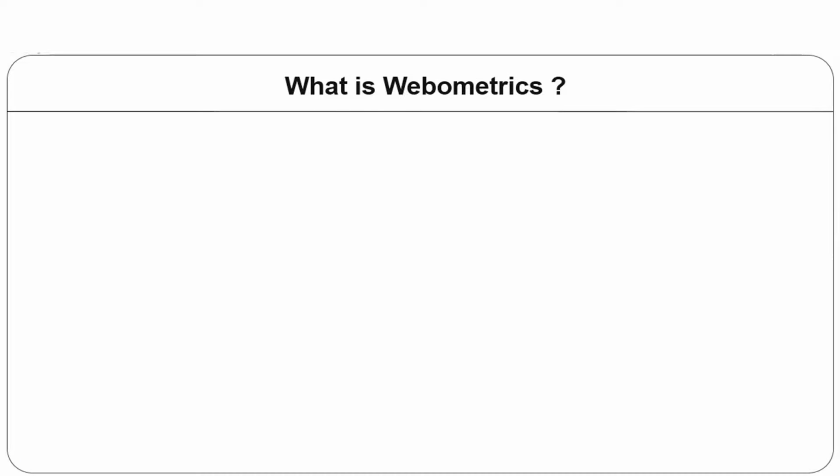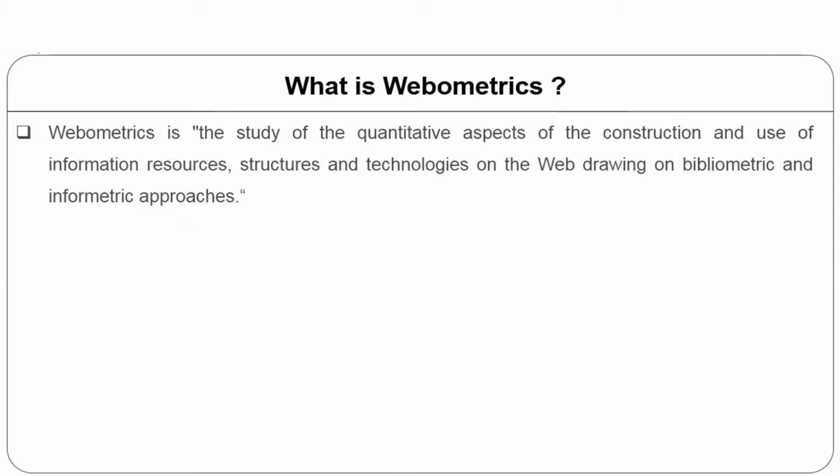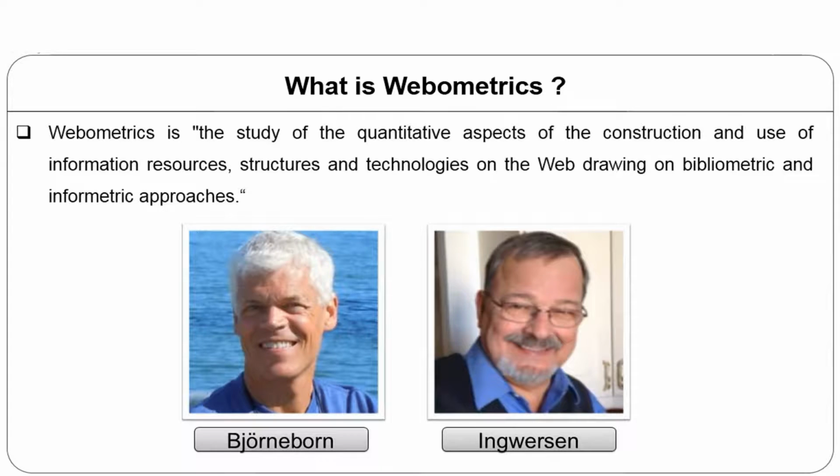Let us look into some of the definitions of Webometrics. According to Björneborn and Ingwersen, Webometrics is the study of the quantitative aspects of the construction and use of information resources, structures and technologies on the web, drawing on bibliometric and informetric approaches.